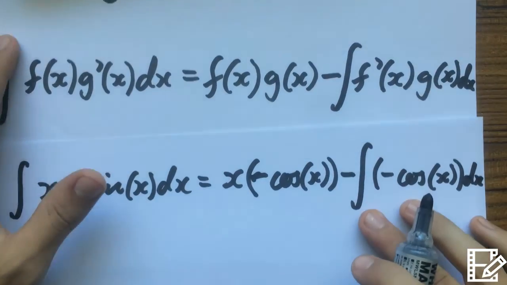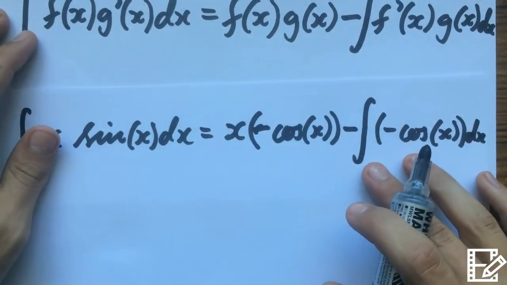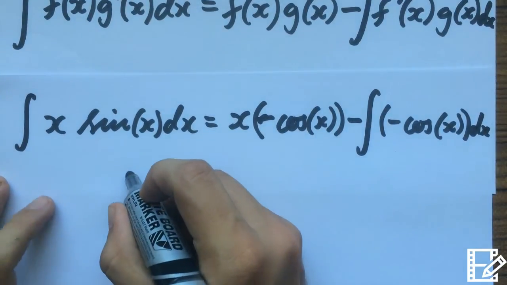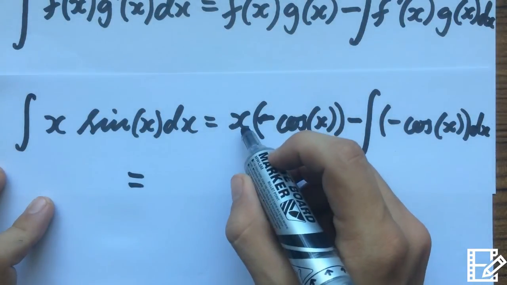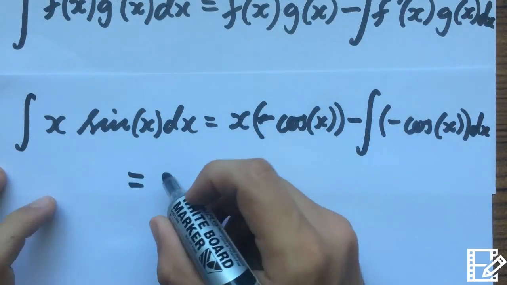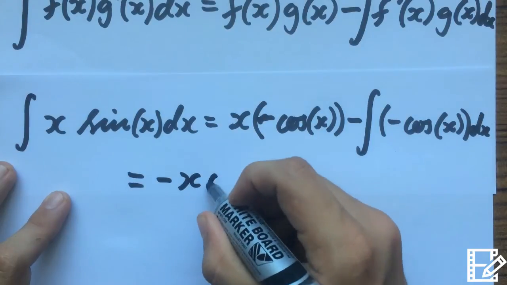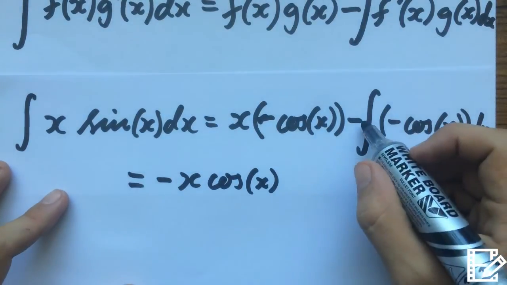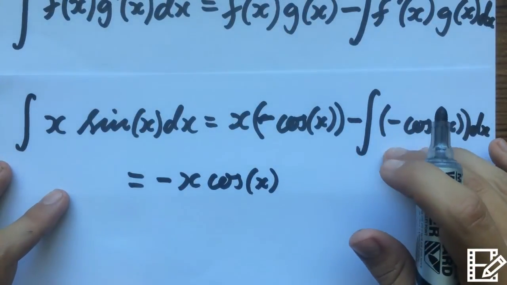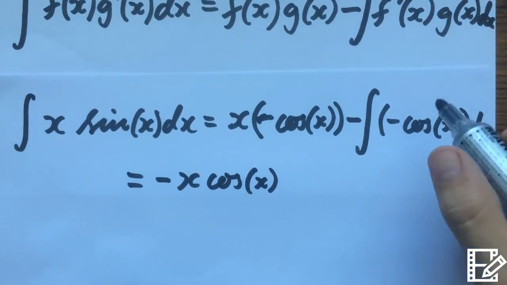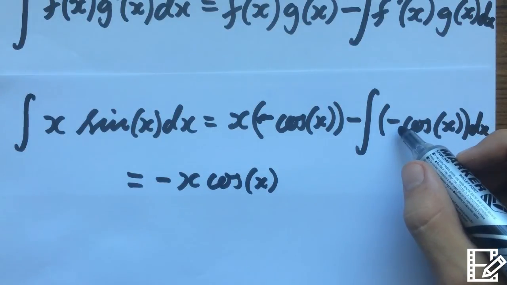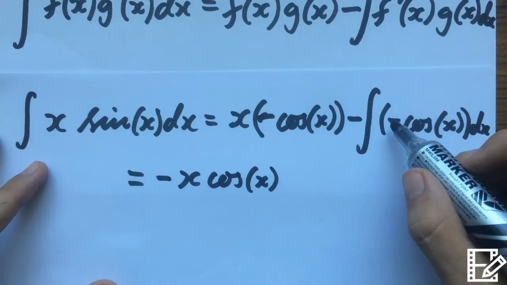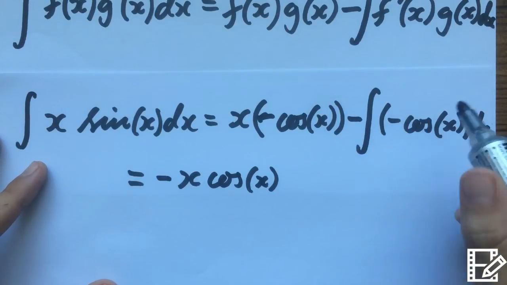Okay. Now that we've got this, we've got something to work with. It equals x times negative cos x, which is just negative x cos x. And here, through multiplication by constants, technically we have a negative 1 times cos x.